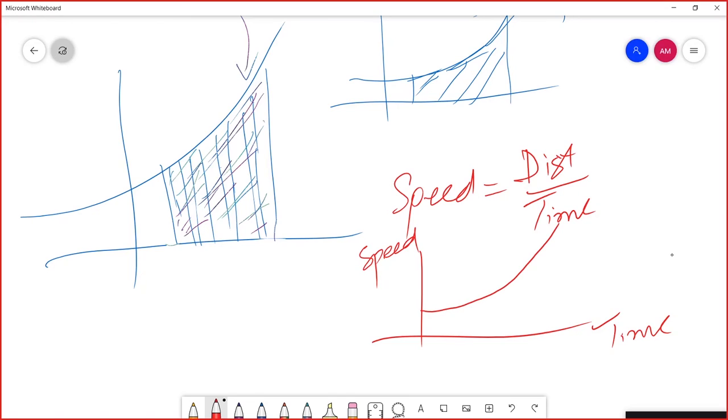Let me start from here. Someone goes like this, then goes like this. Can you tell me what's happening to this journey till this point? Let's say this is 60, and this is for maybe 20.